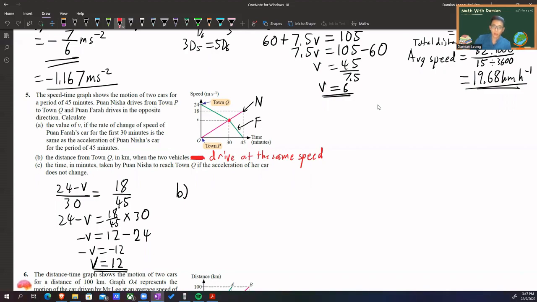From town Q, the one that is traveling from town Q will be Puan Farah. So we look at the distance that has been traveled by Puan Farah, which is this trapezium here.